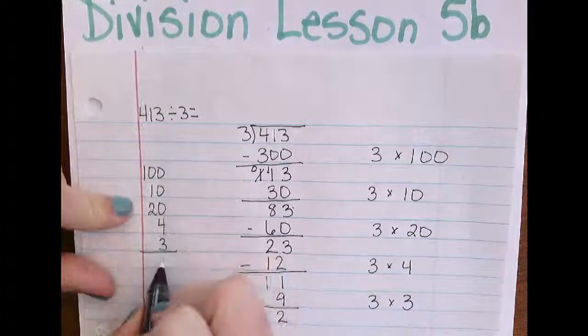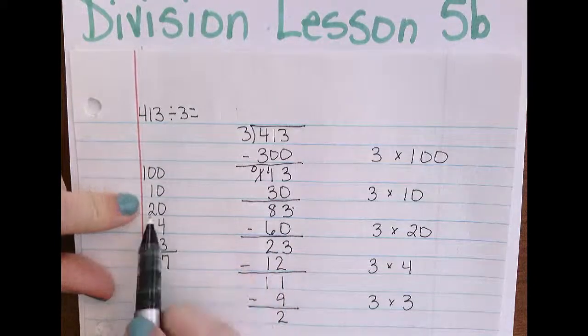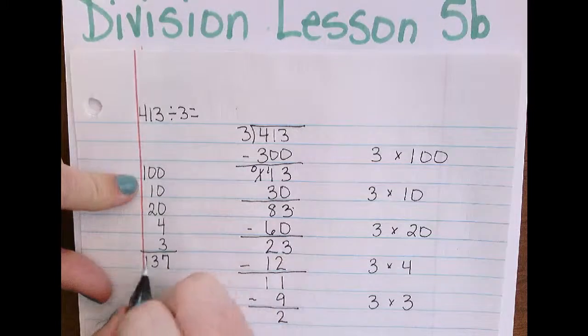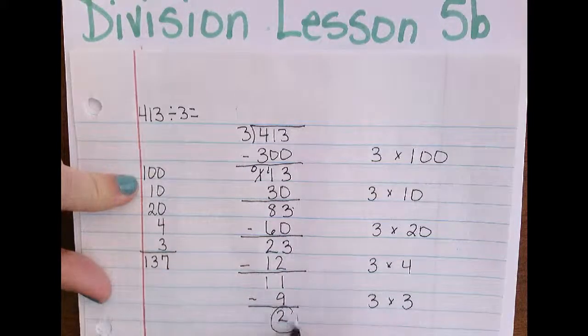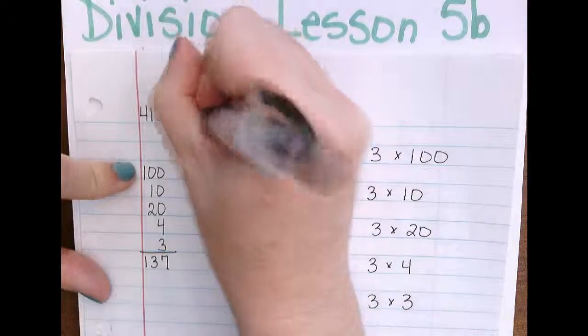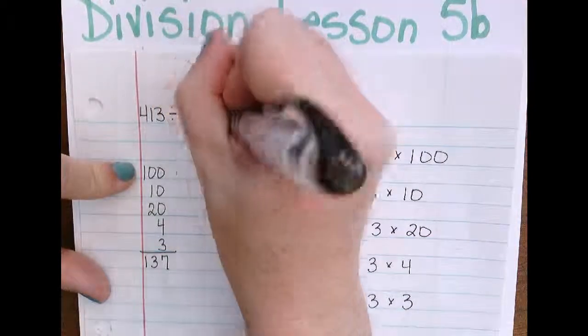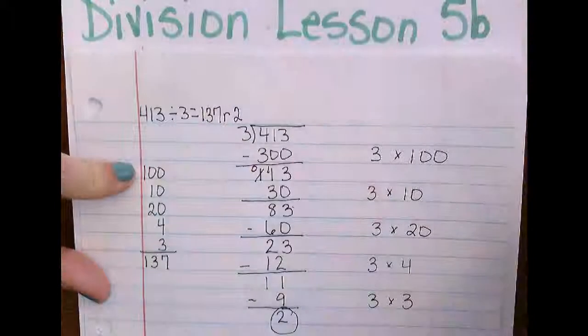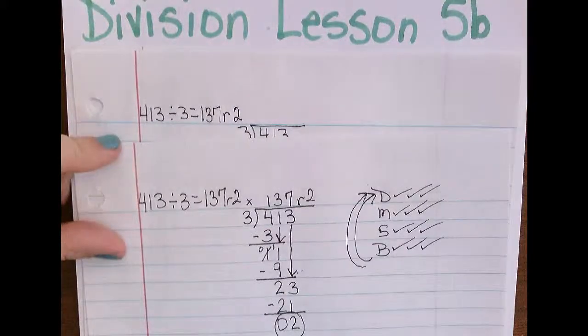That 4 and 3 gives me 7. 2 and 1 gives me 3, and then 1. Do not forget your remainder down here. So my answer here is 137, remainder 2. And let's check to see if that's correct. Why, absolutely.